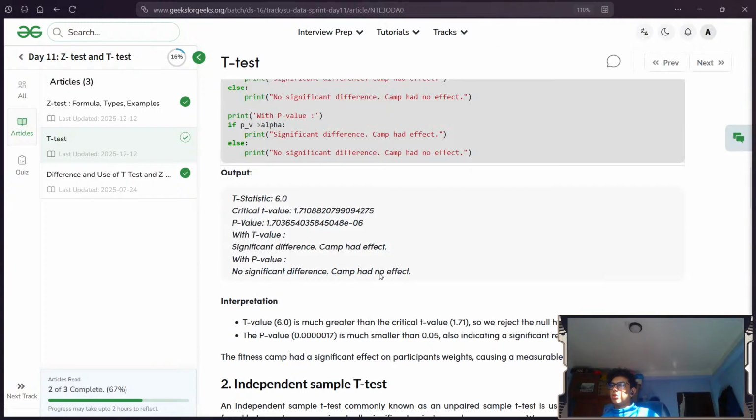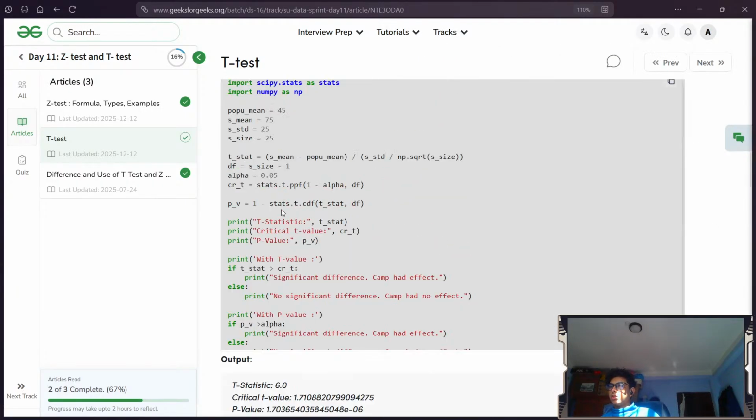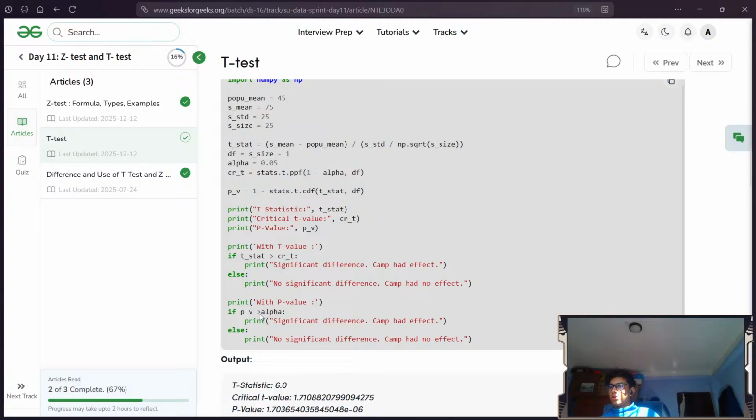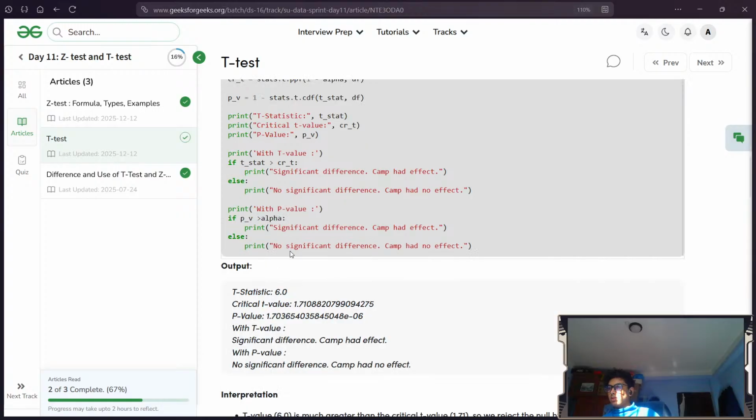And is there anything wrong? P value is greater than alpha, then we accept. P value is less than alpha, then we reject. Right? Yeah, right.